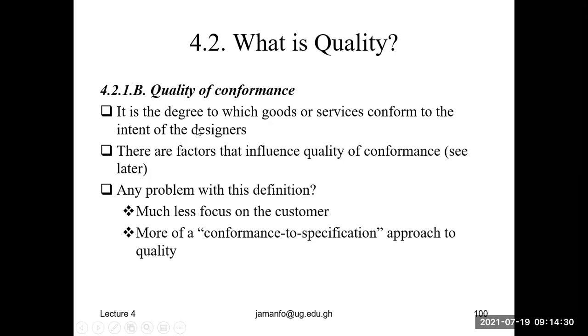Quality of conformance is the degree to which goods or services conform to the intent of the designers. So the designer will have the intention that I'm producing this product, and that is what the product should go out there to do. But in the end, when the product is produced, it might be able to perform those functionalities that have been designed, or it might not be able to perform those functionalities that have been designed into the product.